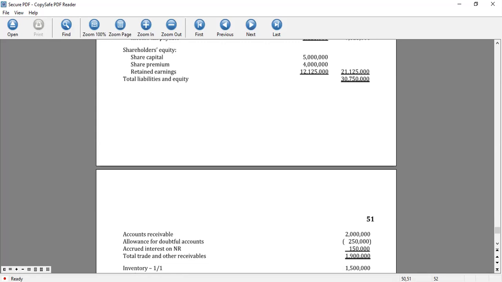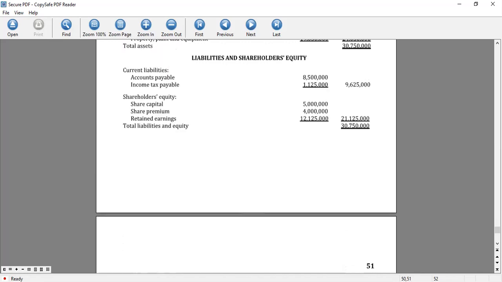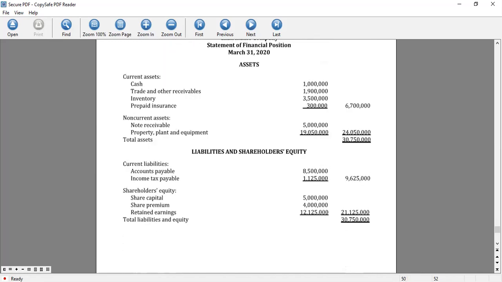That's why we have 150,000. So again, accrued interest on notes receivable is equal to 3% of 5 million. Why 3%? Because the annual interest rate is 12%. So I multiply it by 3 over 12, good for the quarter. That's why we have the total trade and other receivables in the amount of 1.9 million.